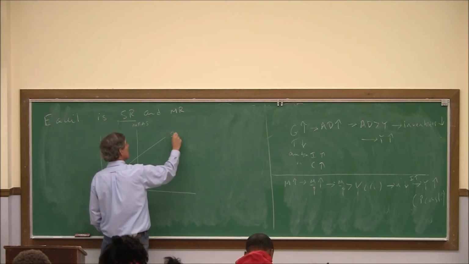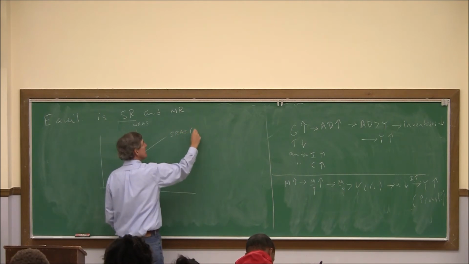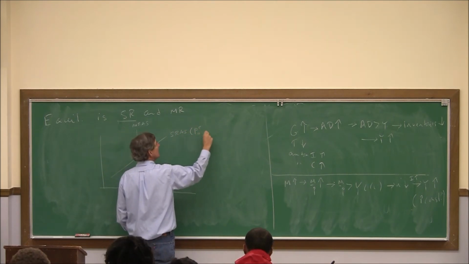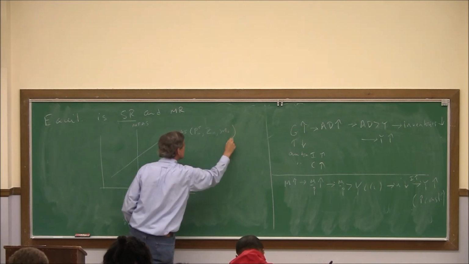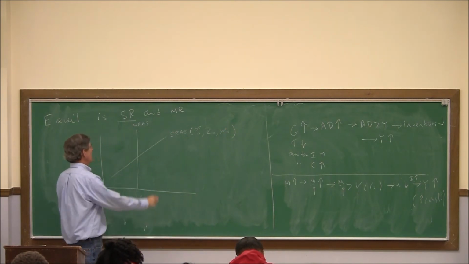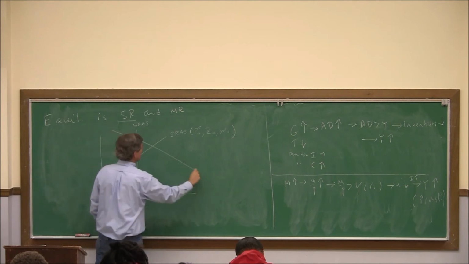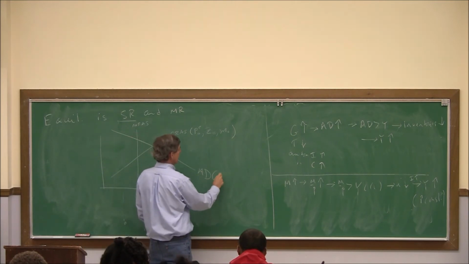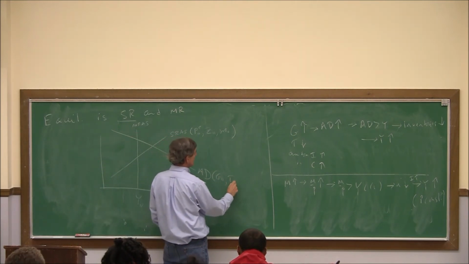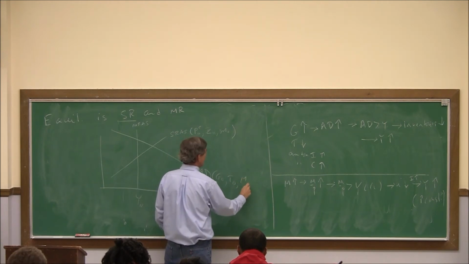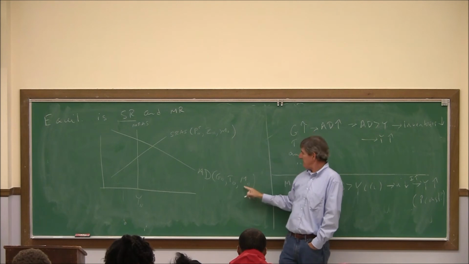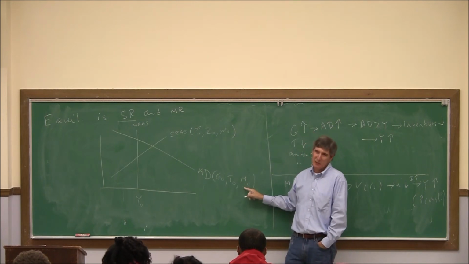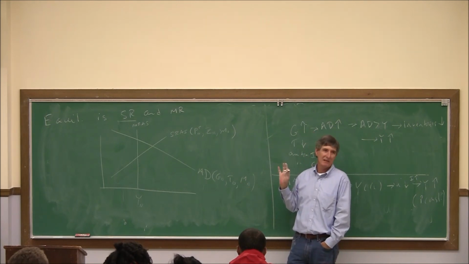We have a short run AS that depends upon PE, Z, and m. And we have an aggregate demand curve. It depends upon G0, T0, and M0. This is a little m, markup. This is a big M, money. Hopefully I can keep those separate. My writing's not the best.